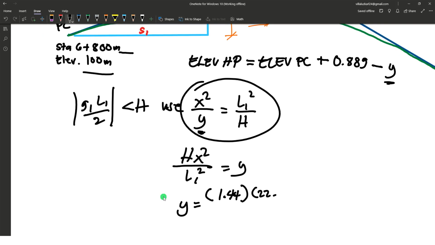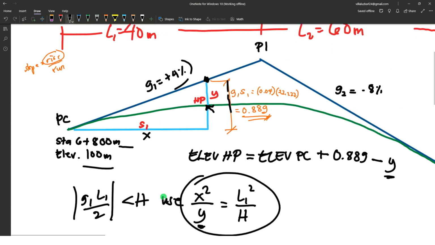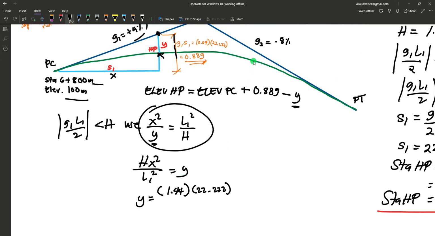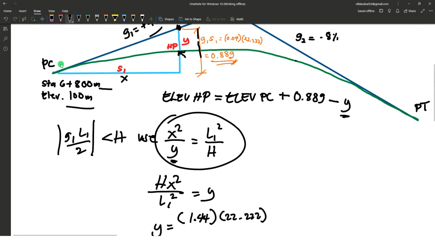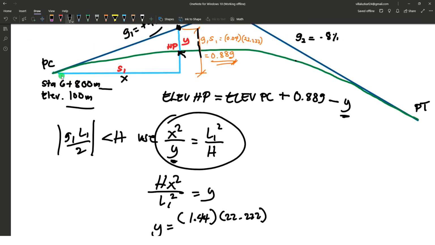So our x here is also this one. So the chosen point or the location that we need to determine. So the horizontal distance from the PC to that point is x, 22.22. But if the point is nearer at PT, your x there should be measured from the PT. Okay, but here it is located near PC, so our x is right here.